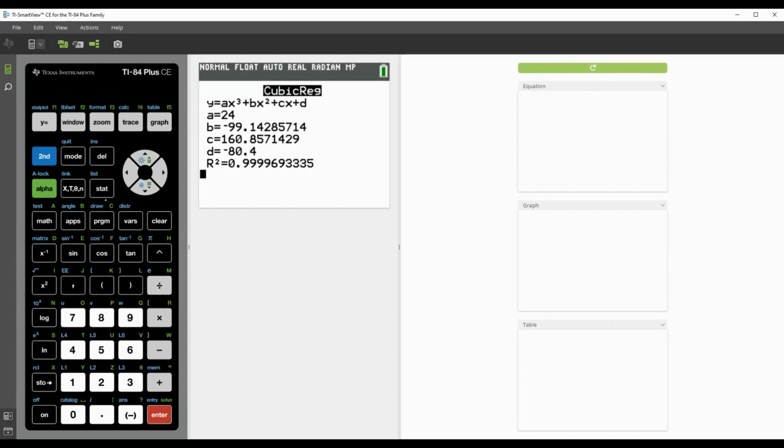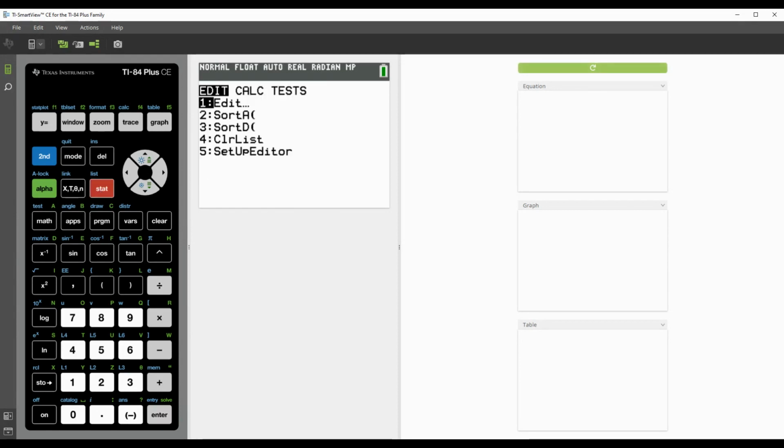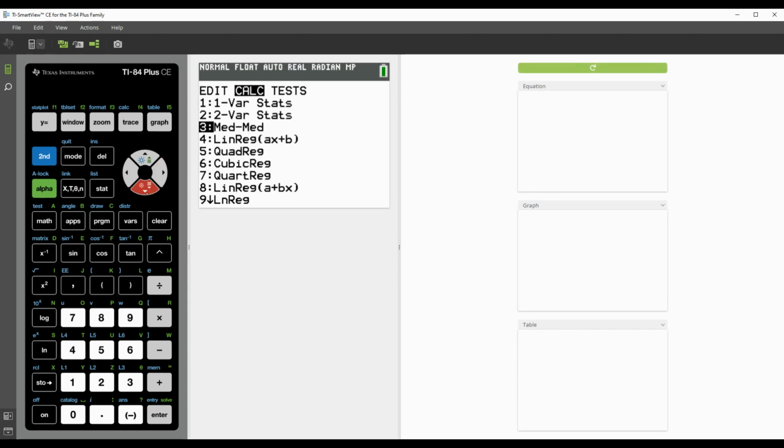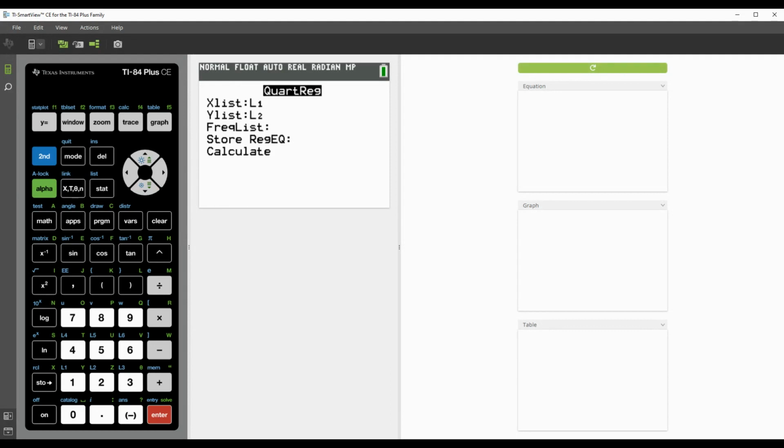Or could it be quartic? So I'm going to do it one more time. Stat, calculate. I'm going to go down to my quartic regression, which would mean it would be to the 4th power. I hit enter, enter, enter, enter. And I get a correlation value of 1. So that's what it is.